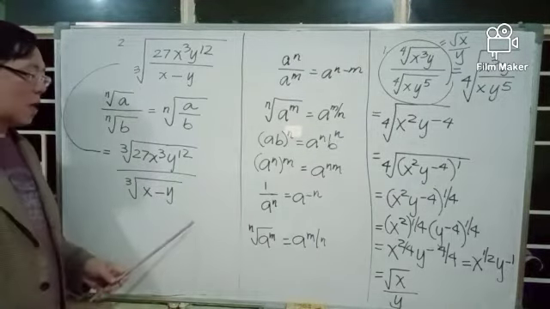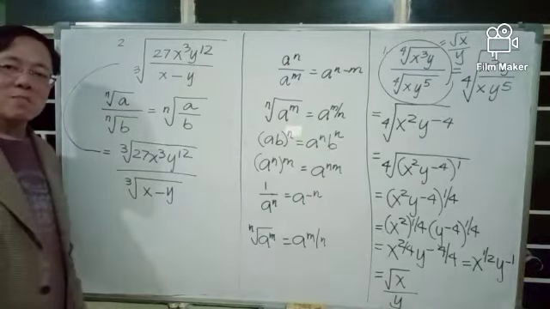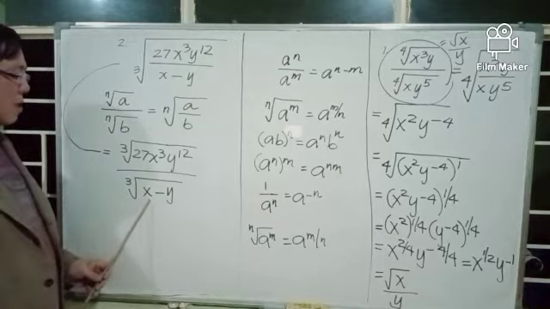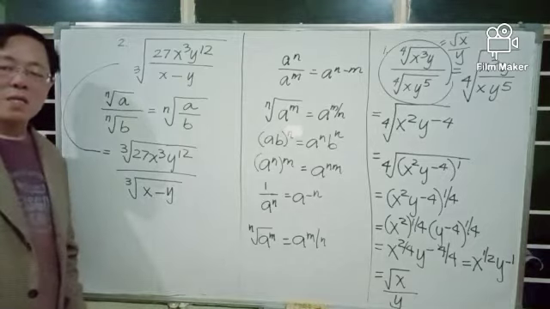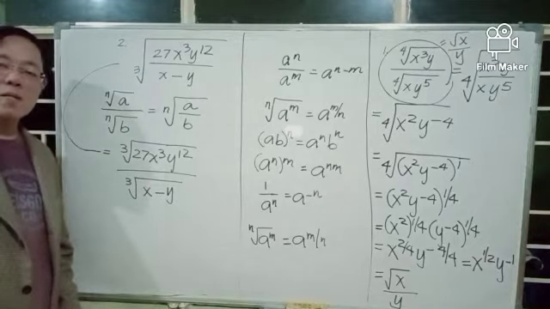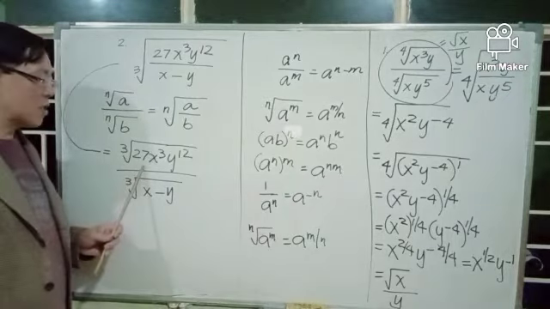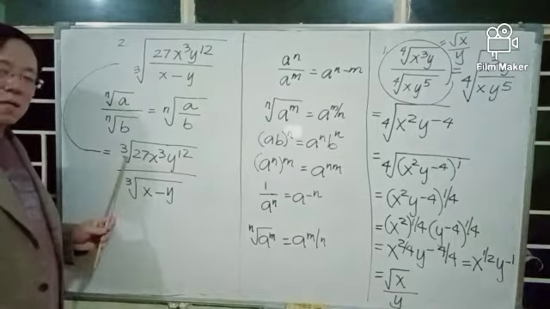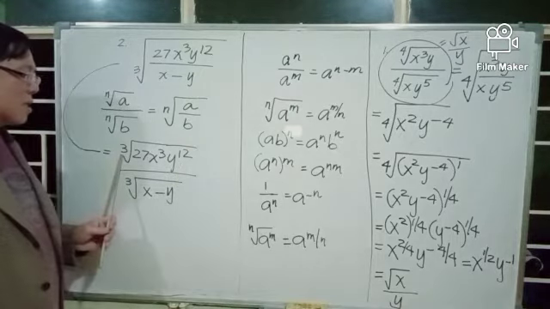Now, by inspection of this, the cube root of x minus y cannot be simplified further because x minus y taken as one quantity has an exponent of 1, and 1 is not divisible by the index 3. But the radical expression in the numerator can be simplified further because the exponent of x, 3, is divisible by the index, as well as the exponent 12 of y is divisible by the index.